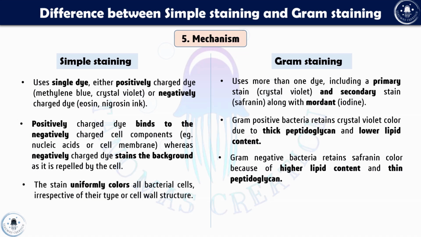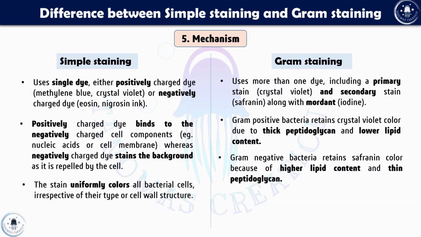Okay, now in the simple staining, we have seen that whichever stain you are using, the stain uniformly colors all bacterial cells, irrespective of the type or cell wall structure. So in the result section, we have already seen whether it is coccus or bacillus or spirillum or vibrio, whatever it is, it will have the same color of the dye.